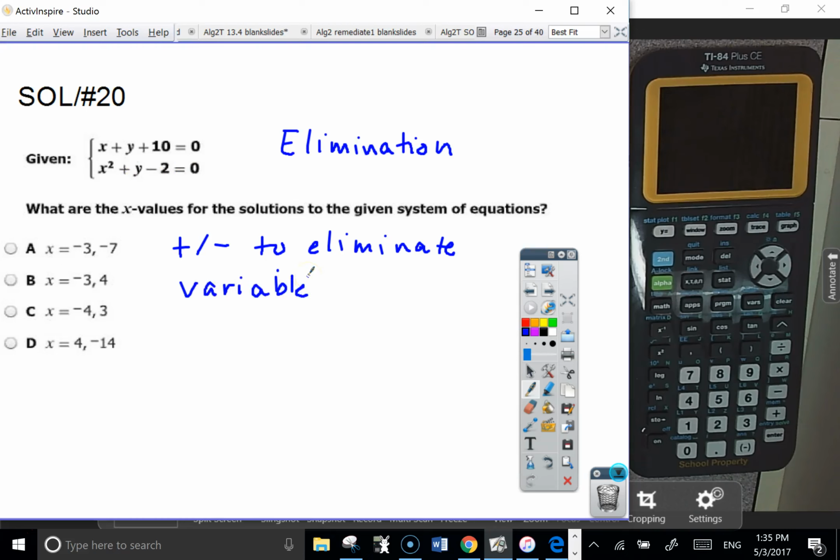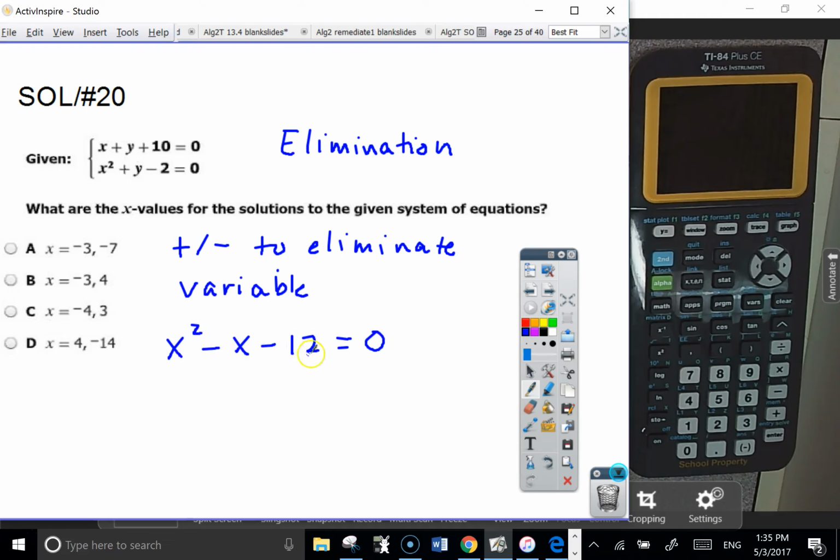Okay, so if I was going to do that here, like I say, it's already set up. I would probably subtract the second equation minus the first so that I keep a positive x squared. So that is going to give me x squared minus x minus 12 equals 0. Right. Now notice that it didn't ask for the solutions, the points themselves. It asked for the x values only of those points. And now we're solving for x, so we should get them directly.